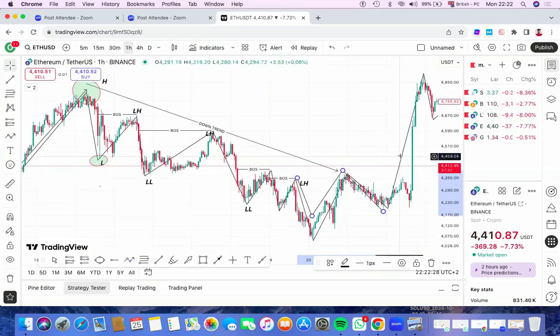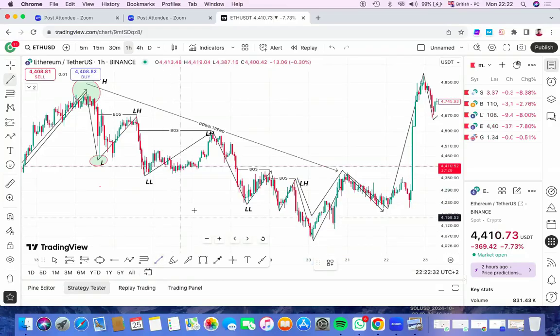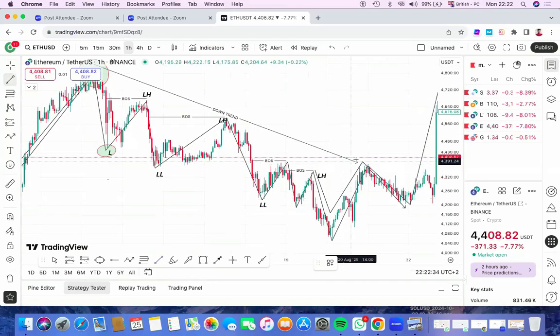Which now created this. But then if we now decide to draw our trend line, and we draw this upside, right? And we connect.